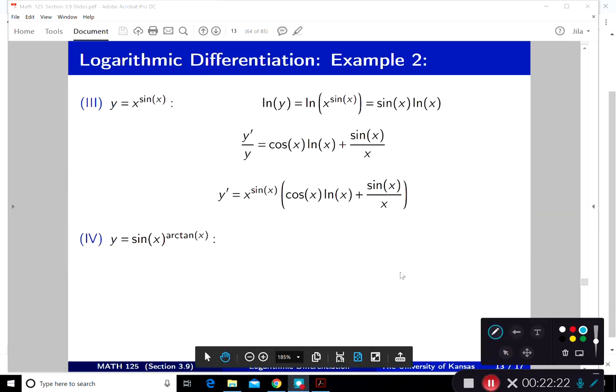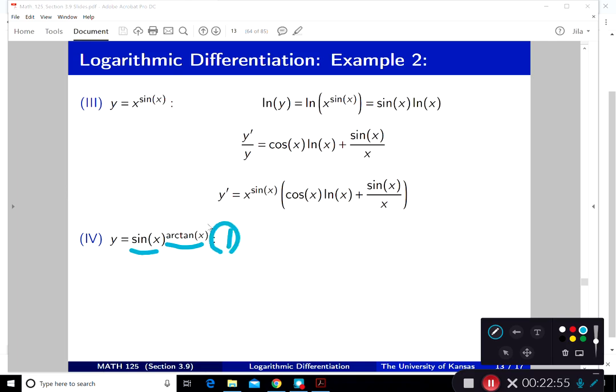So let's do one more question in here. This time it's y equal to sine of x to power arc tan of x, and we're trying to take the derivative of this y. Again, a non-constant to power non-constant, and I don't have any formula from before, and I don't want to memorize the one that I gave you, so I have to do the logarithmic differentiation.